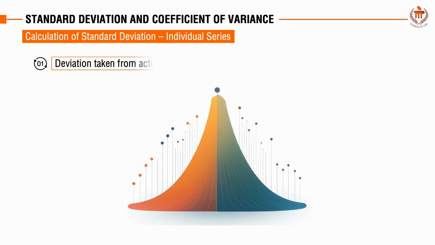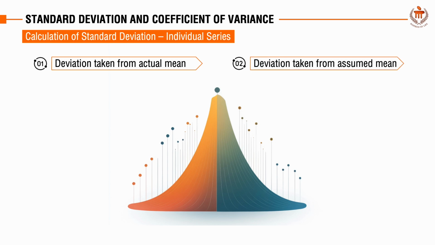Now, discussing the calculation of standard deviation of individual series, we can do this calculation by taking deviation from the actual mean, where we calculate the arithmetic mean by the formula summation of x by n, and that mean value we consider for calculating the deviation of all the data from the actual mean, and that way we proceed with our calculation. That is one method. The other method is that instead of working on the actual mean, we can work on an assumed mean, through which also we can calculate the standard deviation.